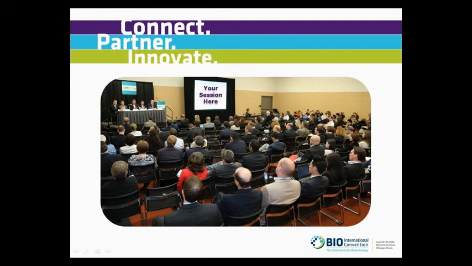And then our next picture is a snapshot of what our room typically looks like, and this is from the 2012 convention. You'll notice there's a panel set up there with one moderator and 4 speakers. This year, like I said, in our quest to make our sessions more interactive, we're changing the stage set.